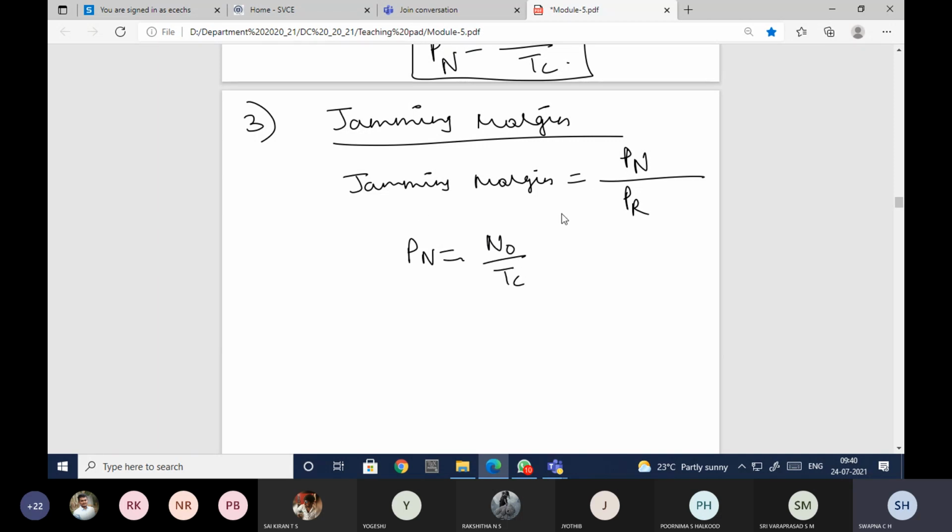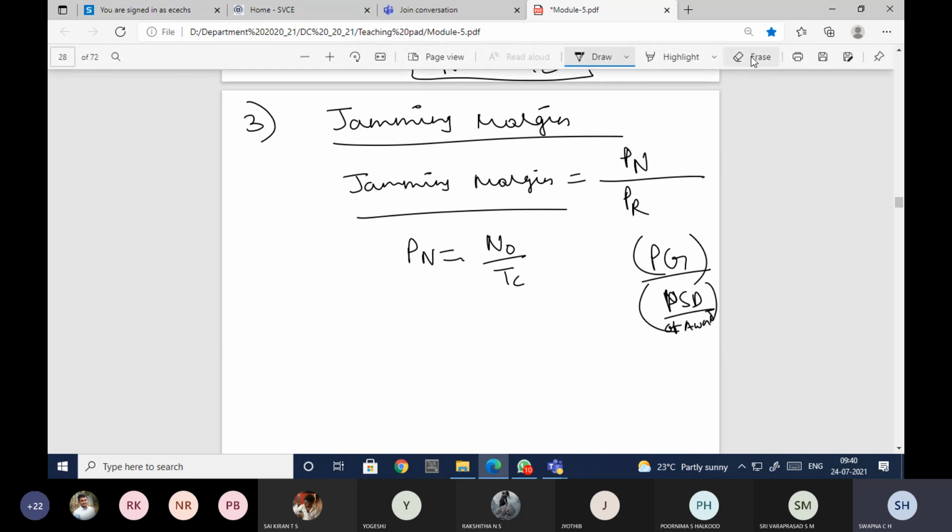We'll try to derive this in terms of processing gain and power spectral density of additive white Gaussian noise. Let me derive this jamming margin in terms of Pg and power spectral density. I will rearrange the terms so that I have the jamming margin in terms of Pg and PSD.